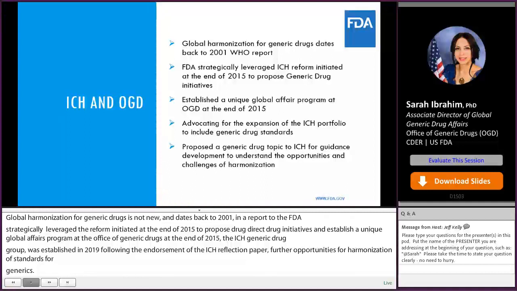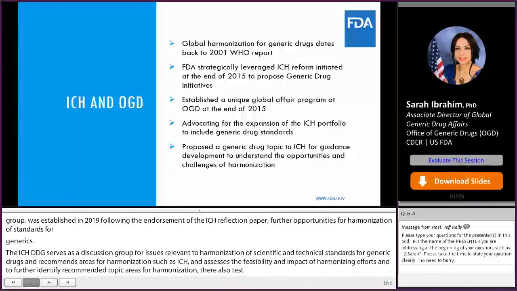They are also tasked with surveying existing ICH and World Health Organization guidelines to assess gaps in guidances for generic drugs and to prioritize the work and areas to nominate recommendations to ICH.